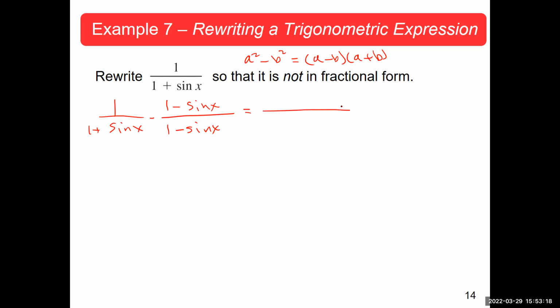So what's going to happen in the bottom? You're going to have 1 square minus sine square of x. That's correct. Then on the top, we're going to have 1 minus sine of x. So 1 minus sine square of x, what is it equal to?